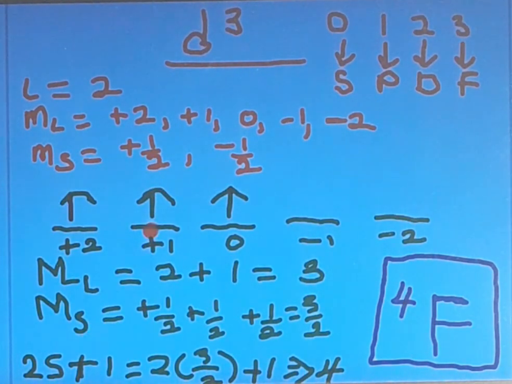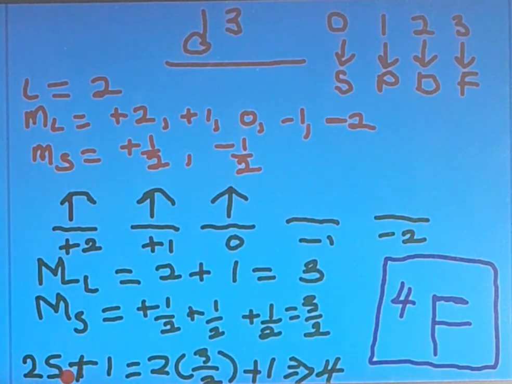So since we have 3 electrons and they are all spinning upwards, we represent them by plus half, meaning that this orbital has a spin quantum number of plus half. This also has plus half, and this also has plus half. So adding the 3 together, we get 3 over 2, which is the total spin quantum number.